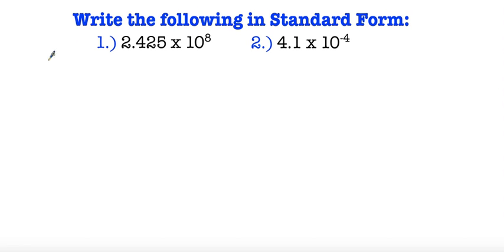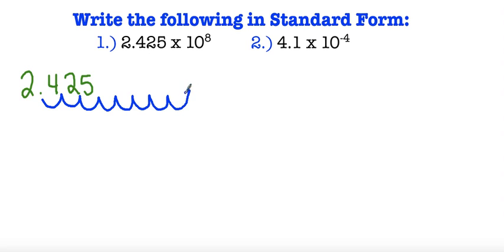So for the first one, we learned a shortcut in our previous video. Here we have 2 and 425,000. And if we're multiplying by 10 to the power of 8, we're going to move our decimal to the right 8 times. So 1, 2, 3, 4, 5, 6, 7, 8. And we're going to place our decimal here.